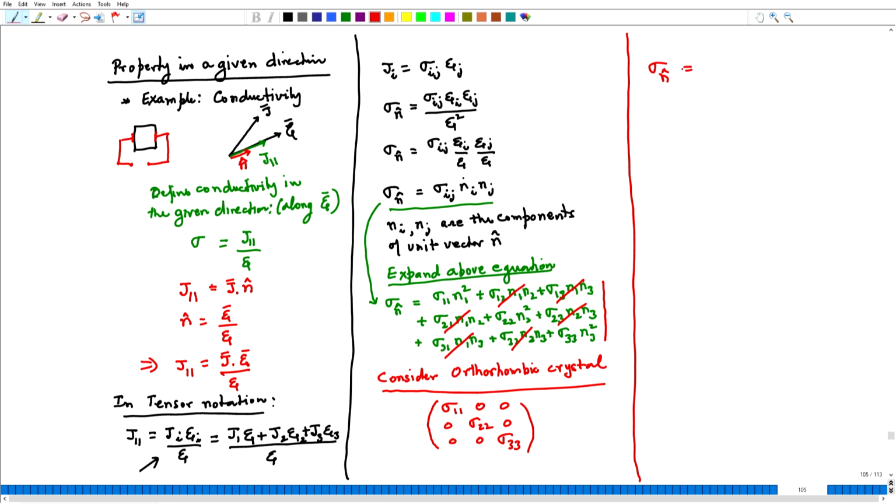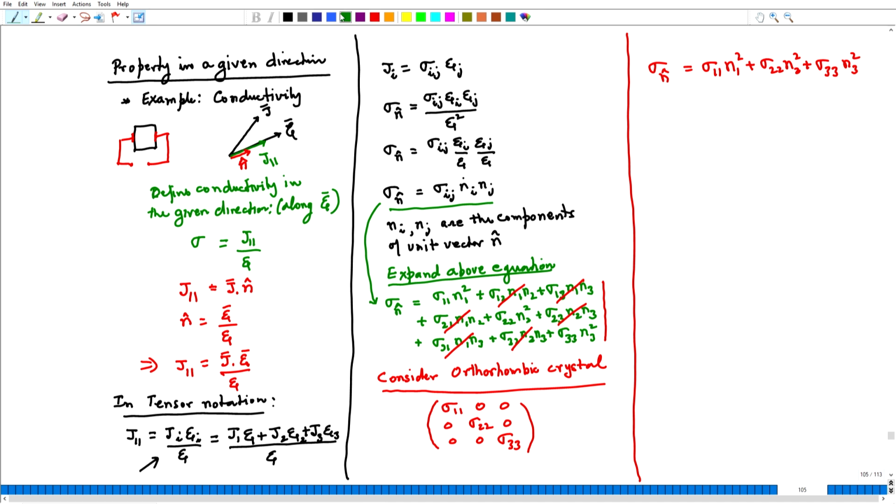Conductivity sigma in the direction of the unit vector n equals sigma 1 1 n 1 square plus sigma 2 2 n 2 square plus sigma 3 3 n 3 square. So, this is for the orthorhombic crystal.